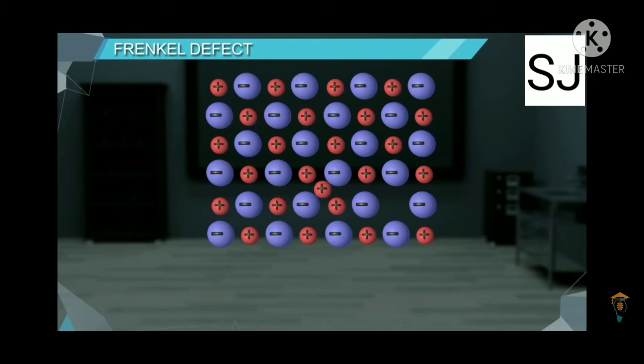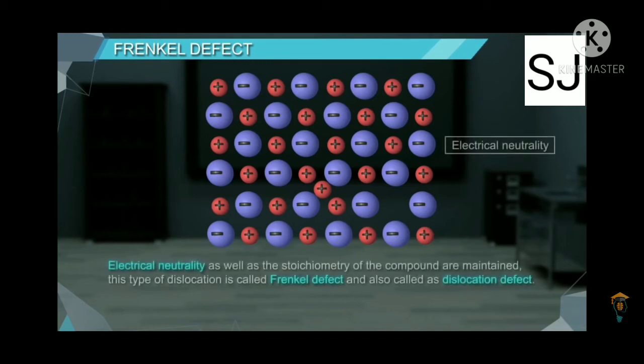As you can see here, a positive charge got up and where did it go? To the interstitial site, the empty space, and occupied that position. So Frenkel defect is usually a combination of vacancy defect at its original site and interstitial defect at its new location. Okay? So it is also a dislocation defect because the site changes, and it maintains the electrical neutrality.